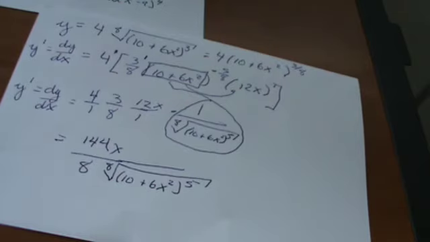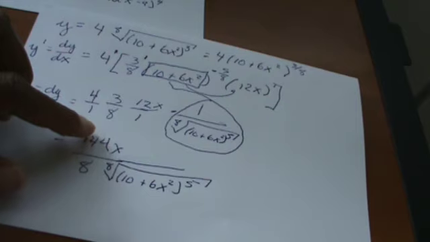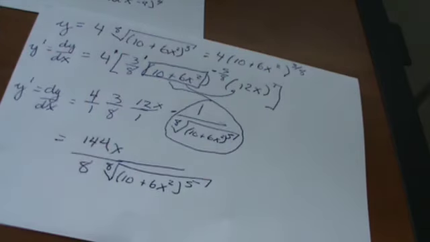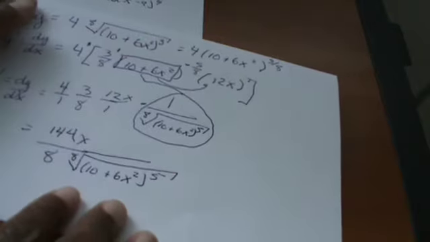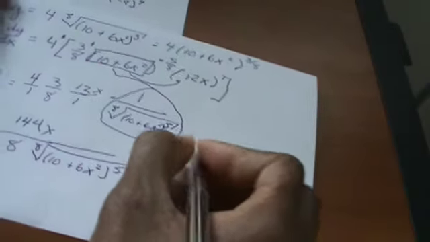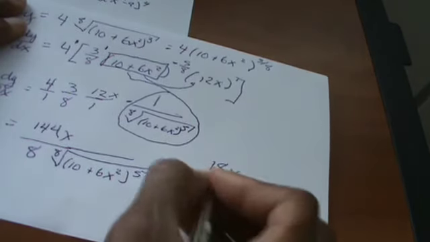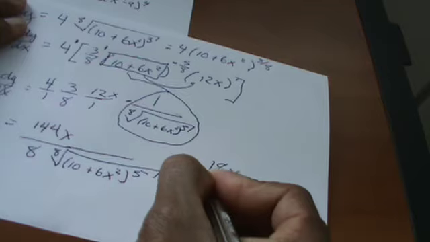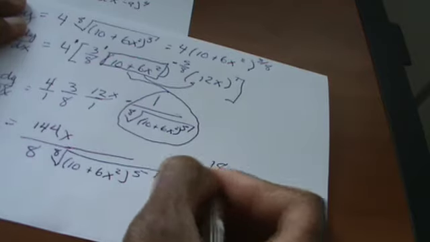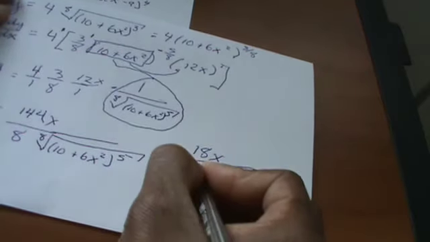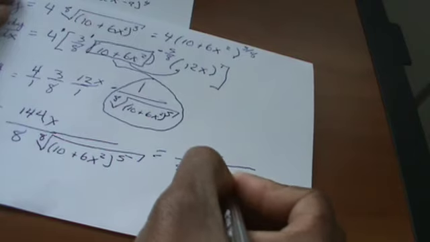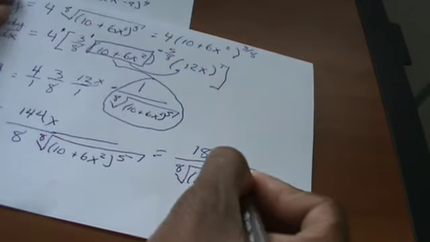Okay, so of course you can simplify that even further by getting rid of the common numbers in 144 and 8. And if you do that, you'll get 18x in the numerator, and in the denominator, you get the 8th root of 10 plus 6x squared to the 5th power.